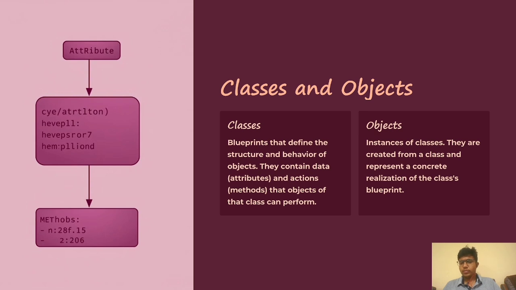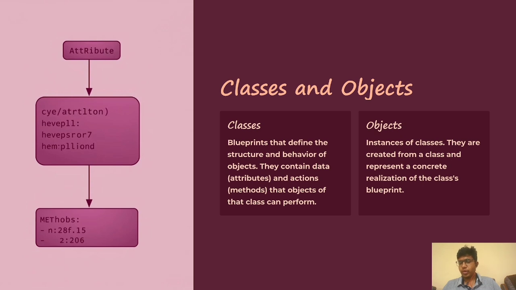Classes and objects. Classes are the blueprints that define the structure and behavior of objects. They contain actions that objects of that class can perform.